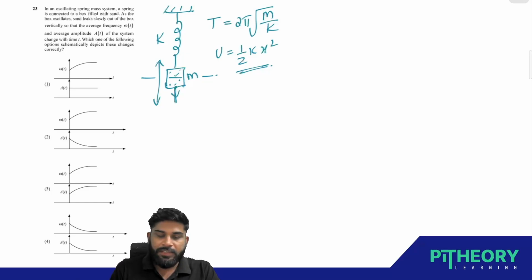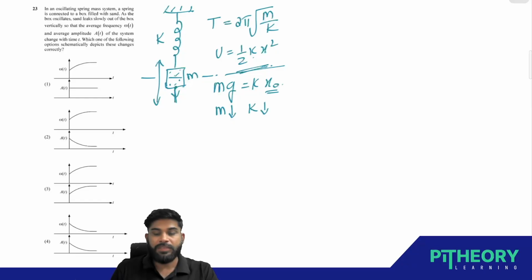Where x is the displacement you're providing from the mean position, correct? Energy, basically, you can write like this. But this k is basically depending on, see, if you write mass mg, that will be equal to k x naught, correct? Where x naught is, at equilibrium, how much it comes down from the natural length of the spring, that is this length that I'm marking. So as the sand leaks out, the mass basically decreases. What will be happening? The spring constant decreases. Okay. So that is one point that you need to see.